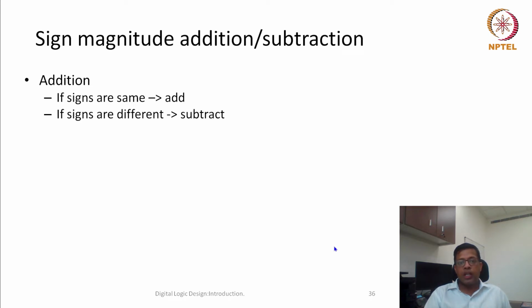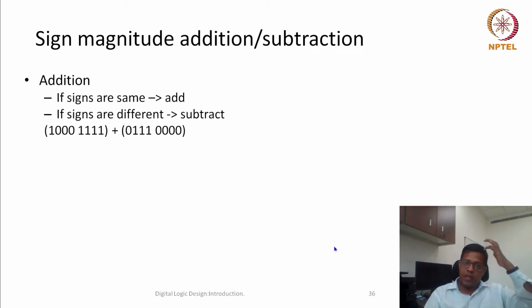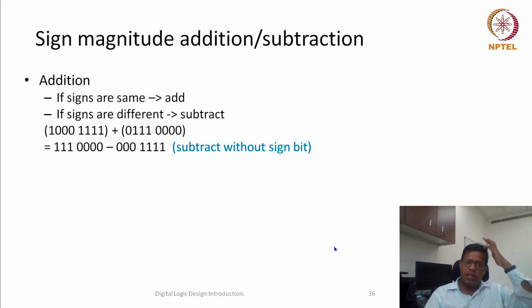Okay, and addition and subtraction otherwise can be done, like we remove the sign bit. So how the process would be, because the sign bit has a special meaning here and the rest of the number is a magnitude number. So if I need to subtract these two numbers or add these two numbers, this is a negative number and this is a positive number.